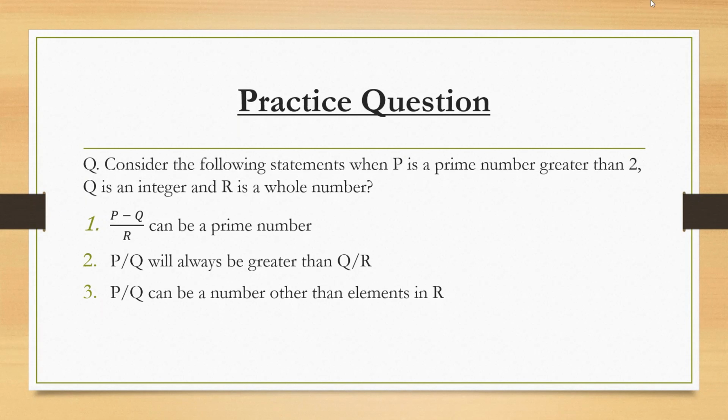So whenever statement-based questions are given, always be on the lookout for definite and possible statements. Okay, that is the area where the examiner will play with your facts. Okay, so try solving this one. Okay, Somashekar, fine.